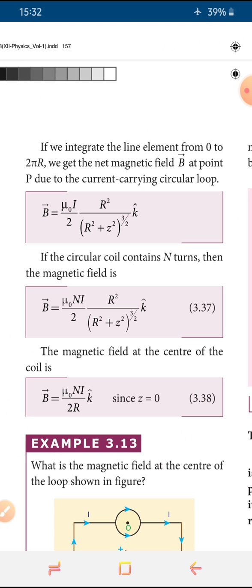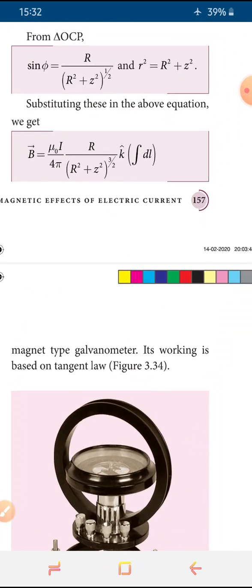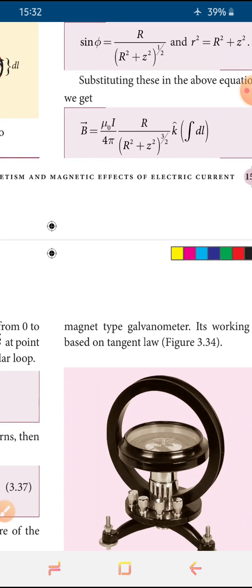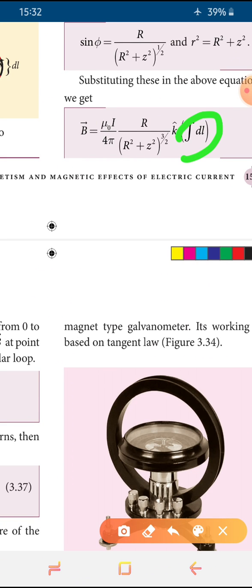What is the formula? 2 pi r. In this equation, we substitute the integration of dl as 2 pi r. Then the equation we got is mu naught I divided by 4 pi, capital R divided by R square plus Z square whole power 3 by 2, 2 pi r, k cap.